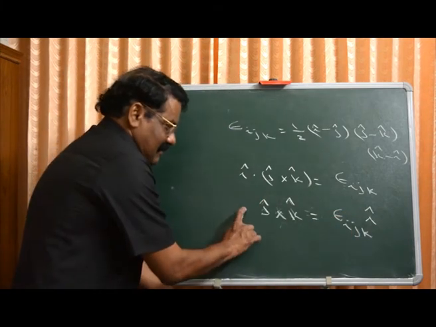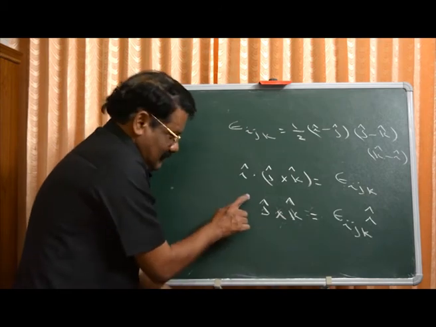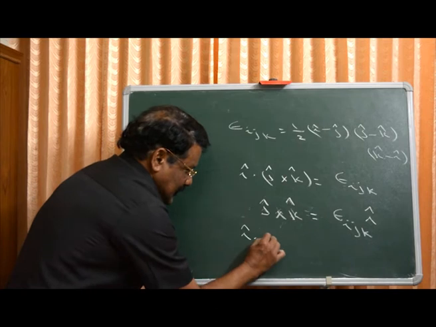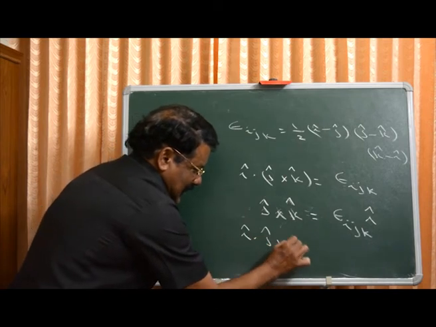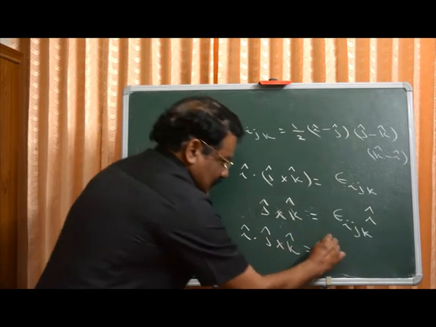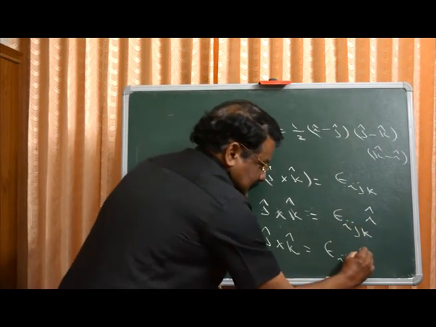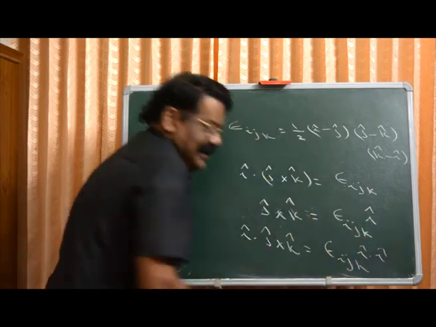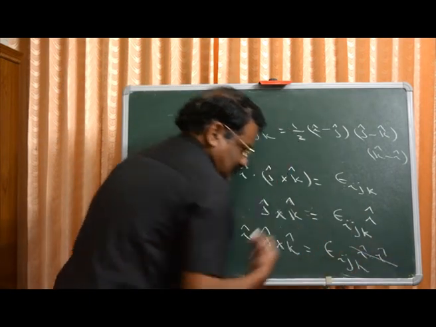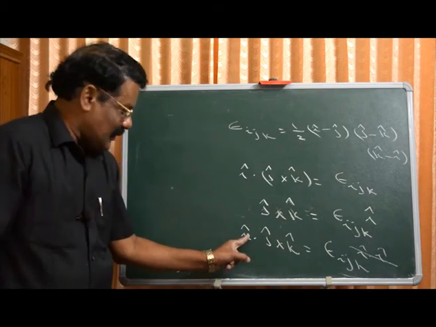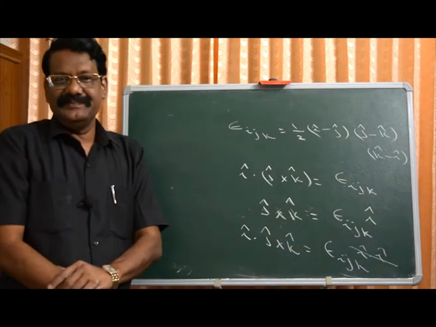Suppose I take dot with i. So i dot j cross k, epsilon ijk is a number, then i dot i, and i dot i is obviously 1. So this is our formal definition. Epsilon ijk is equal to i dot j cross k.